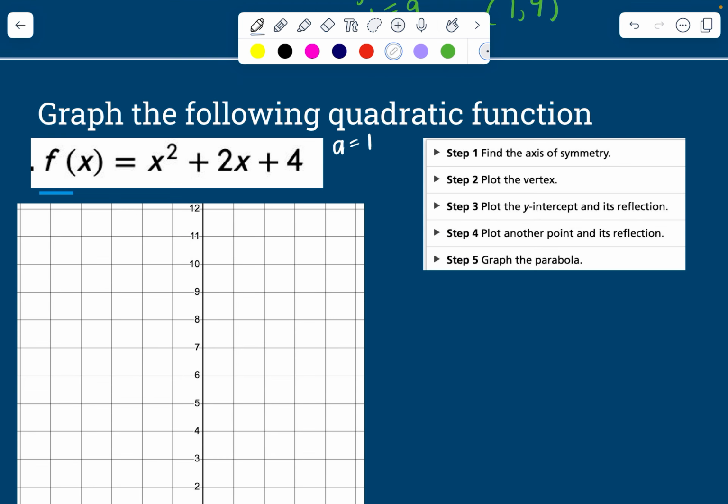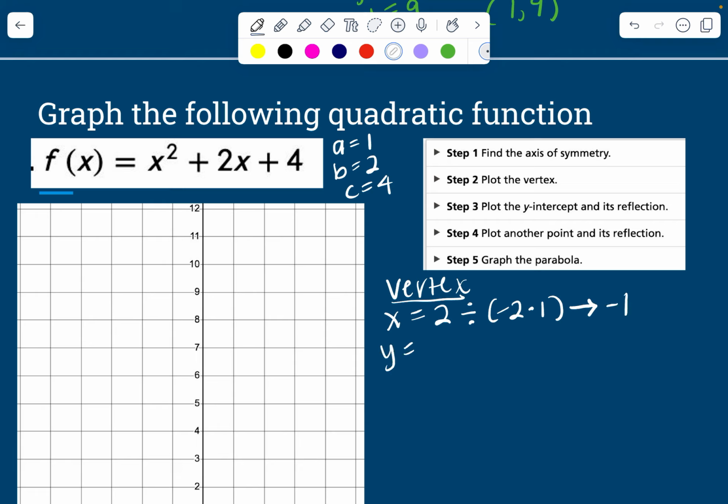Here, a is 1, b is 2, c is 4. So for our vertex, the x value of our vertex is b divided by negative 2 times a, which ends up giving us negative 1.